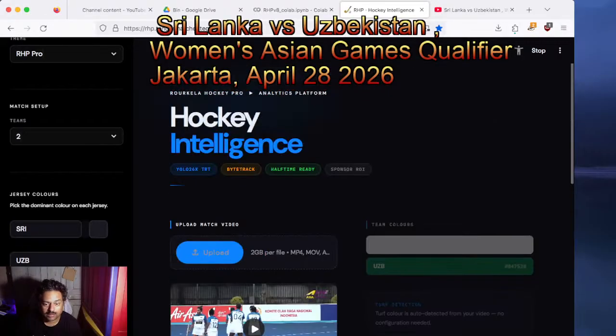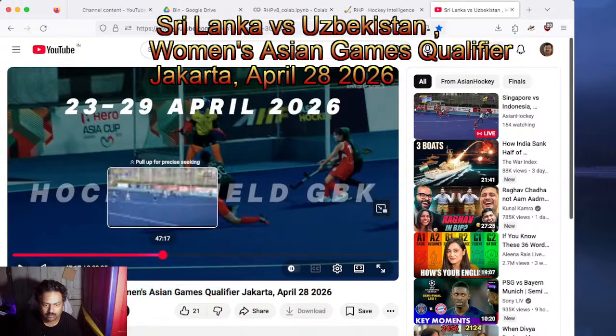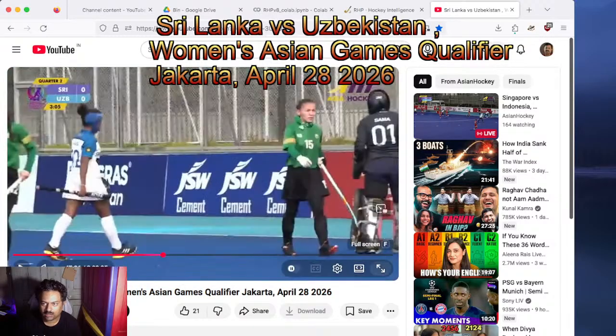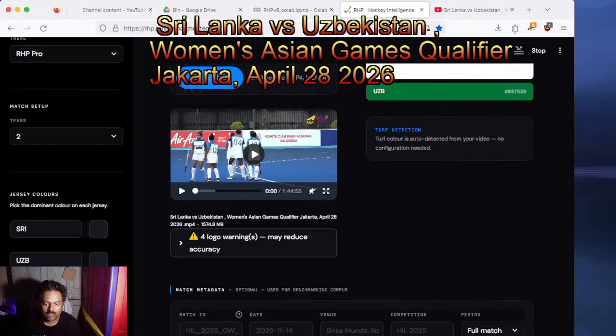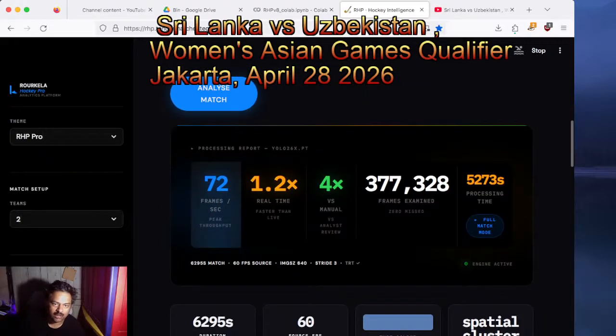Sri Lanka is playing in whites and blues, and Uzbekistan is in greens, as you can see here. There are a couple of other matches as well which are being played, so we will keep a strong eye on all these ones. But for today, let us focus on Sri Lanka versus Uzbekistan.